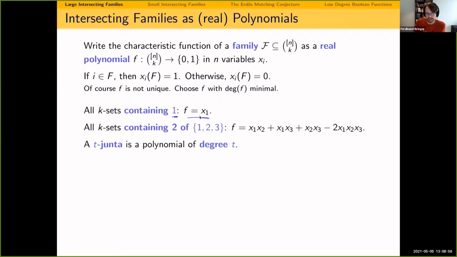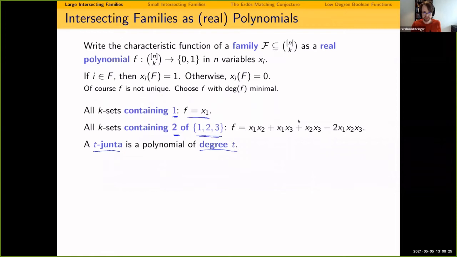If we have all k-sets containing 2 out of the elements 1, 2, 3, then we can write our function as a degree 3 polynomial. So whenever we can decide if something is in the family or not based on t elements, we have a t-junta, and we can write it as a polynomial of degree t.